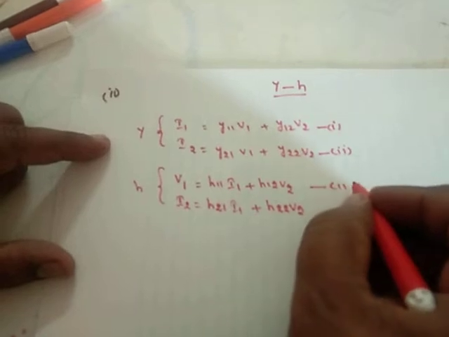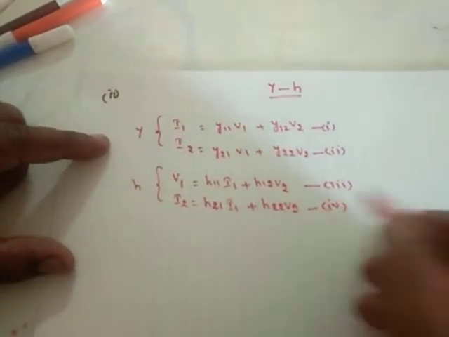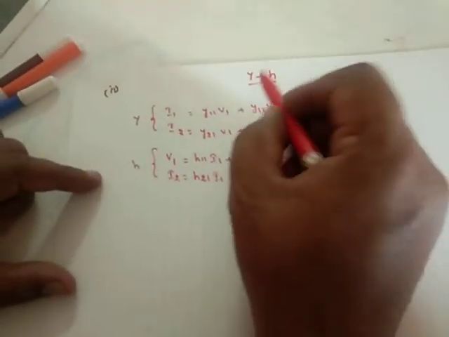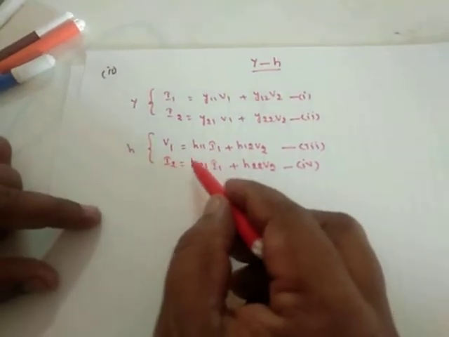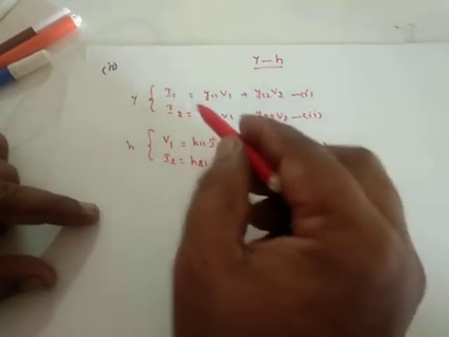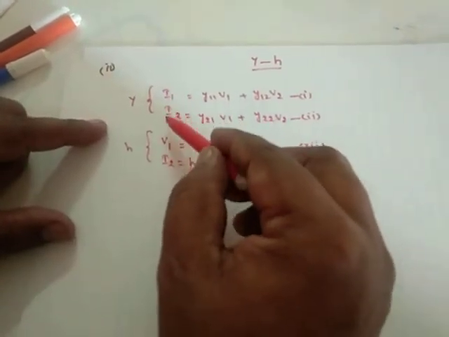These two are the H parameter fundamental equations. Now we have to represent these basic equations of H parameters in terms of Y. Right? Here, what are the Y equations? I1 and I2 are the dependent variables.